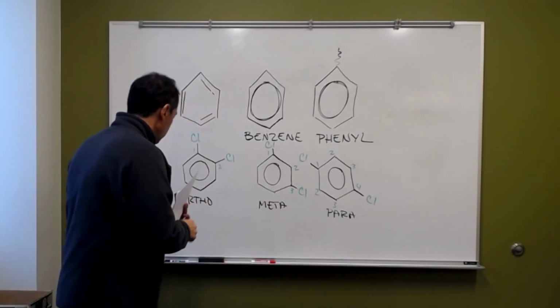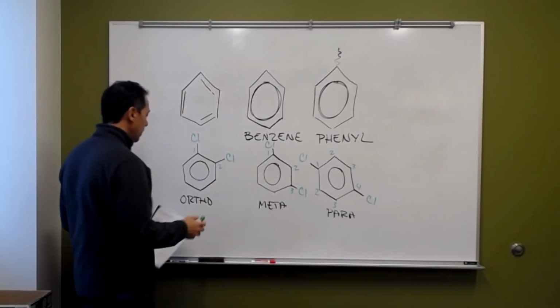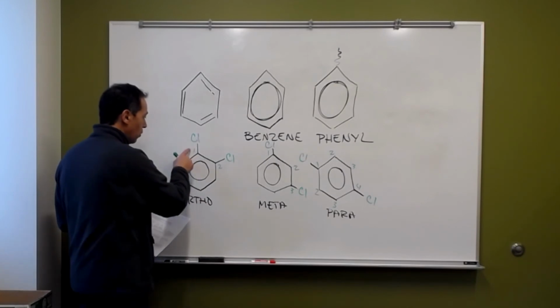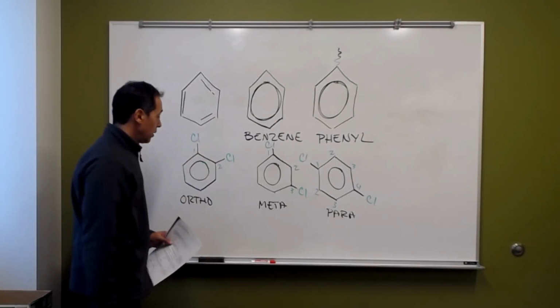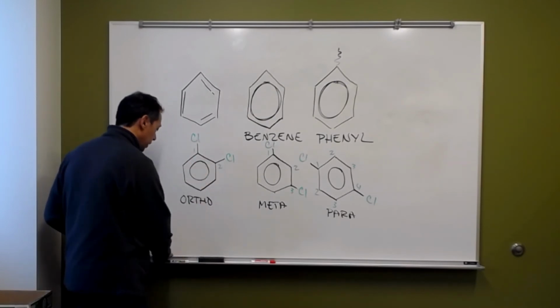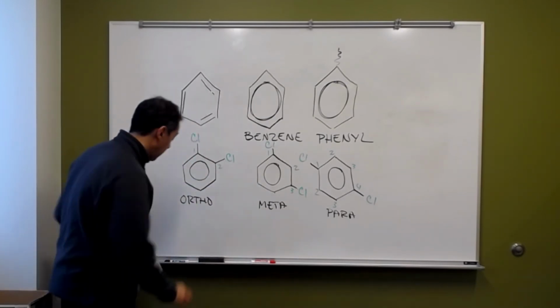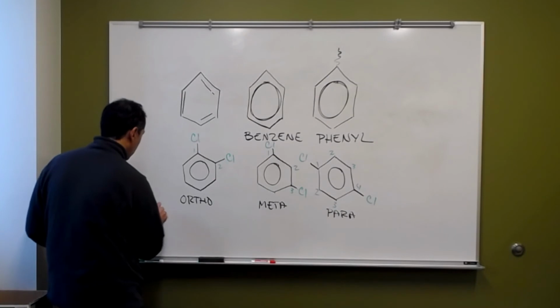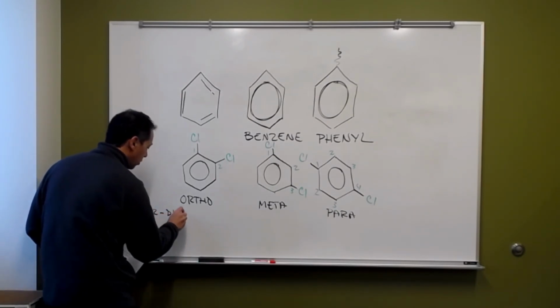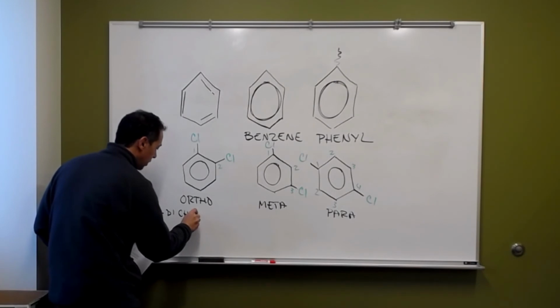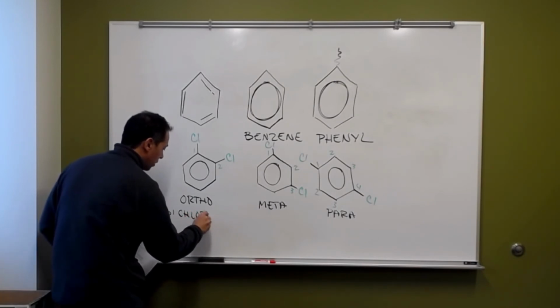Okay. So you might think, well, let's just call this one 1, 2 dichlorobenzene. 1, 2 dichlorobenzene. And you'd be right.